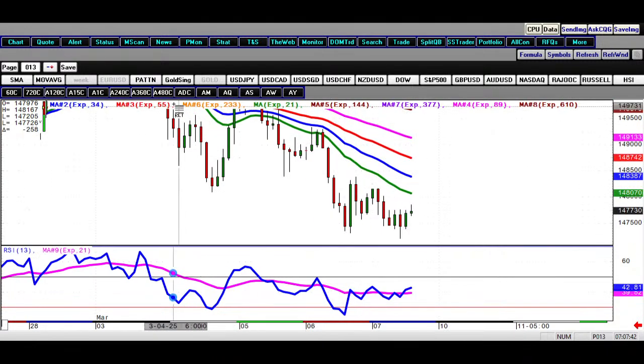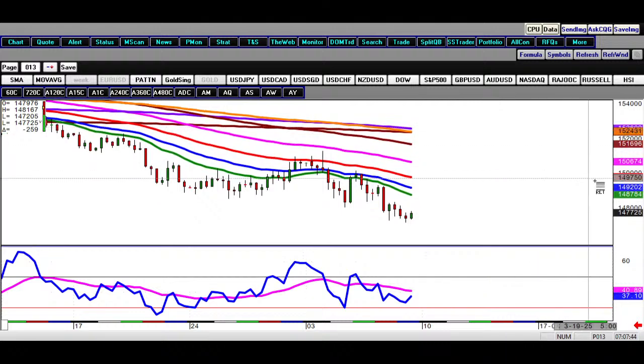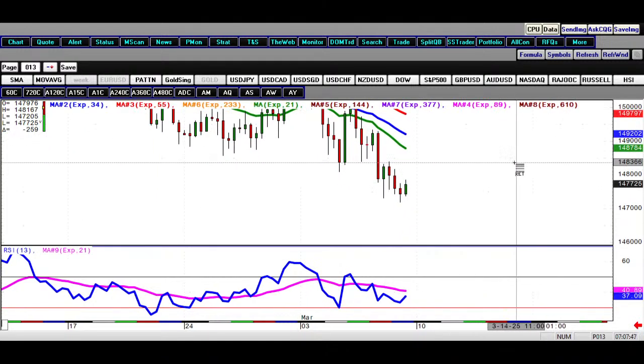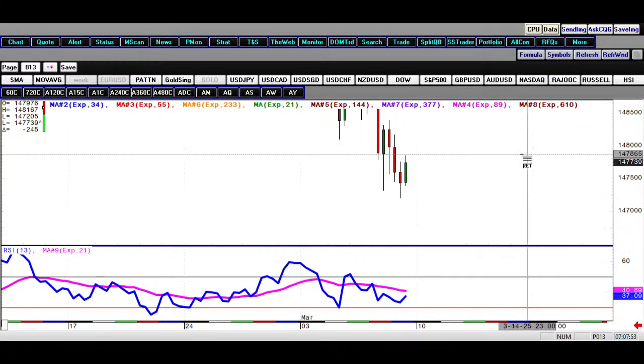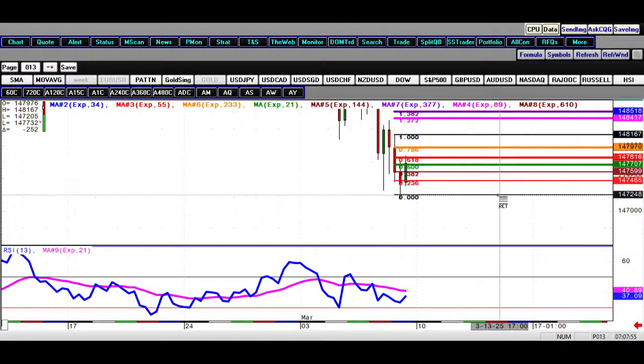Even higher than, yeah, I think 148.40 should be a good level for entry.